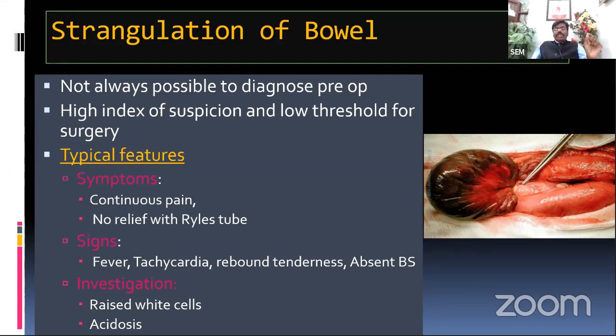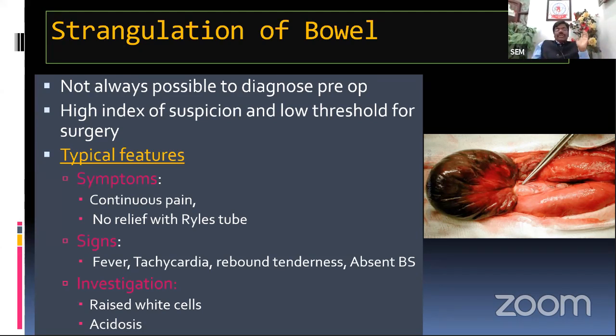Symptom. What is the pain in intestinal obstruction? I told you already. It is a colicky abdominal pain. What about here? The colicky pain, if it starts becoming a more constant or continuous pain, suspect dead bowel. Second, normally when a patient with intestinal obstruction, when you put a Ryle's tube, empty the bowel, in other words, decompress the bowel, patient's pain will go away.